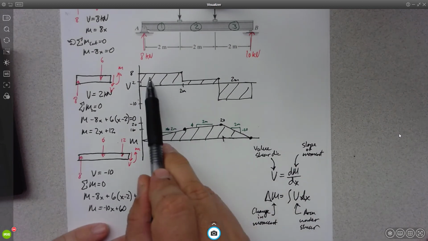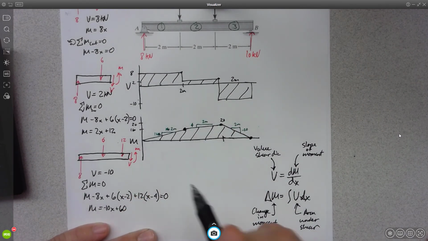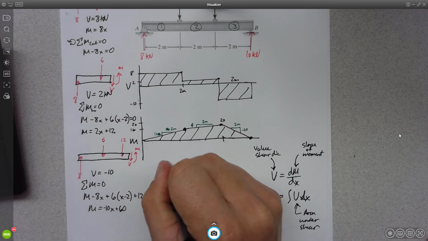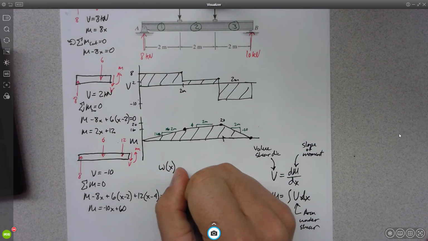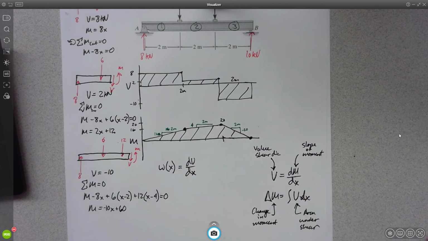Now, what's the slope of this line? Okay? I'm going to give you another one. Okay?